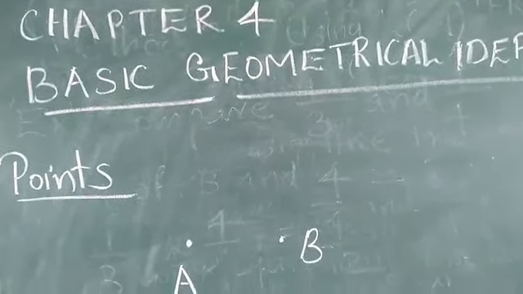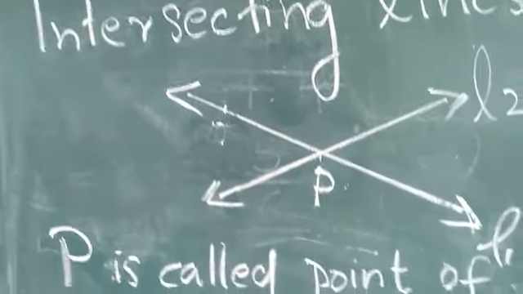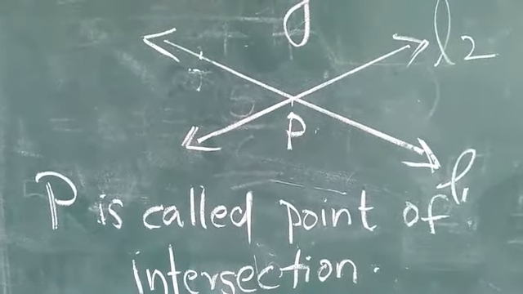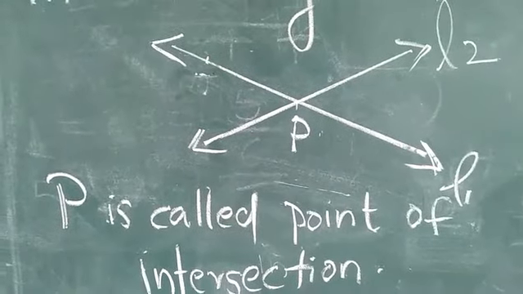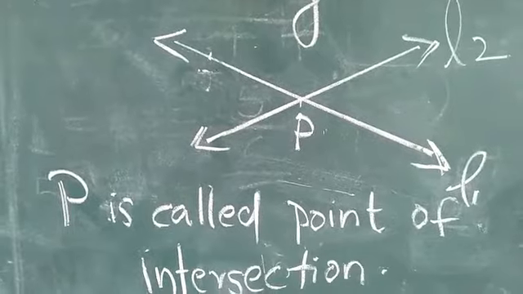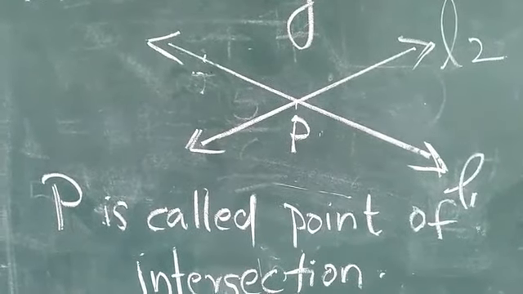So we define this P as the point of intersection. This P is called point of intersection or meeting point. Here P is called point of intersection and L1 and L2 are joining at the point P. This is the concept of intersecting lines.